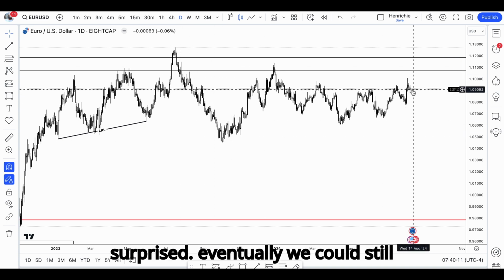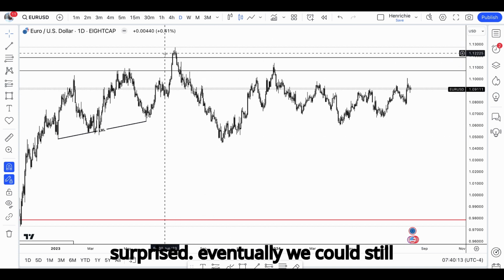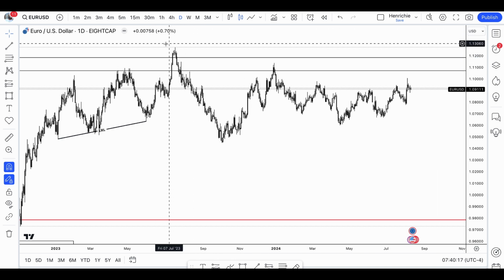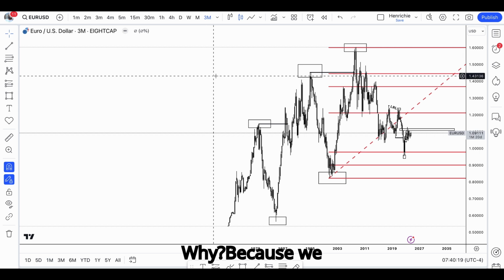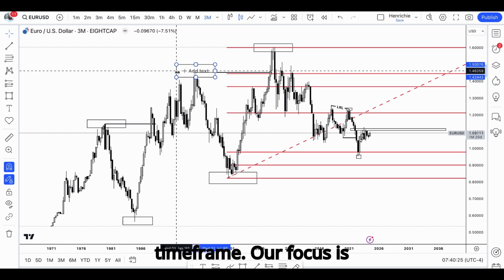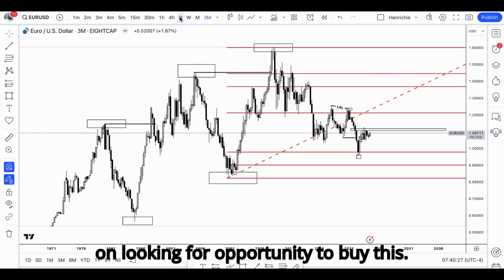Don't be surprised. Eventually, we could still take these highs. Why? Because we are bullish on the bigger time frame. Our focus is on looking for opportunity to buy this.